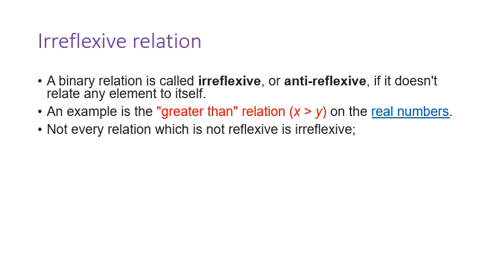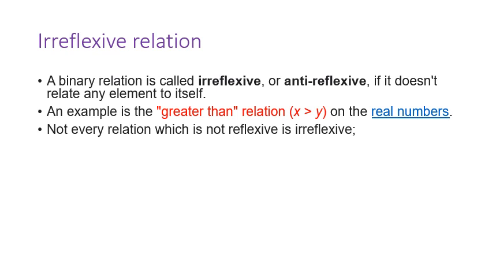And also we should note that not every relation which is not reflexive is irreflexive. Some relations may not be reflexive, and it is not necessary that those relations should be irreflexive also. Anyway, if a relation is irreflexive, then the relation is not reflexive.